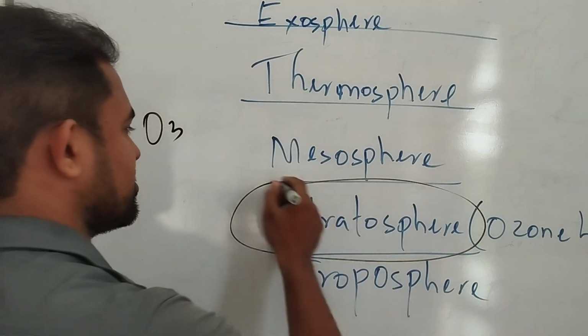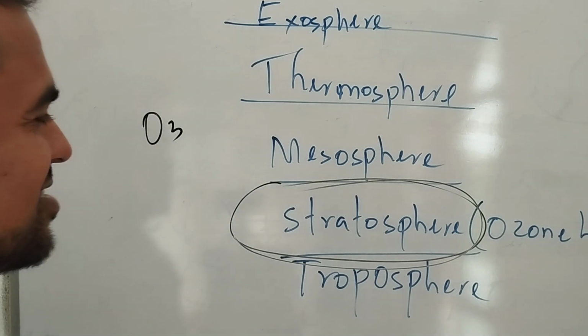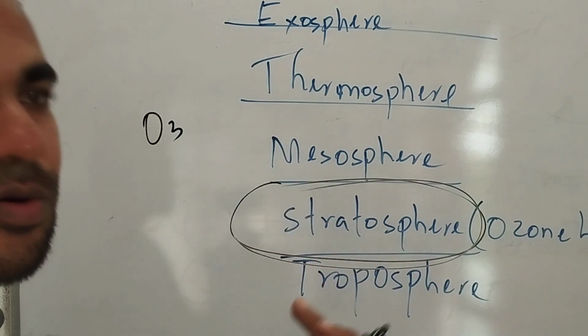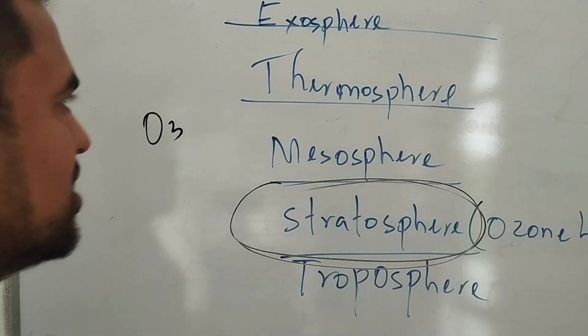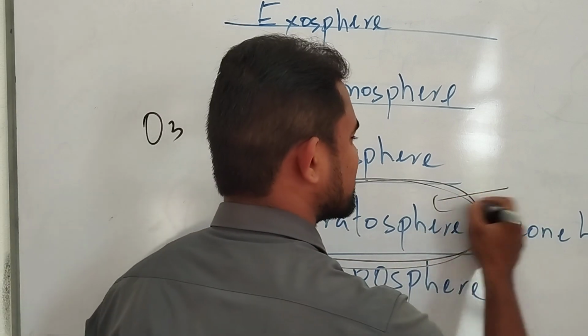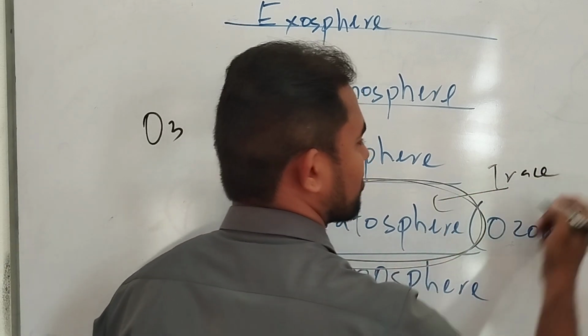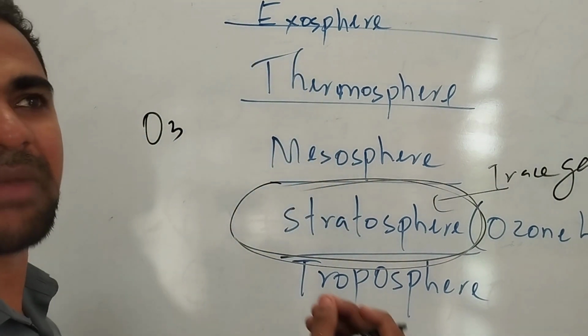The second thing we have to discuss is what the ozone does, the function of ozone. Ozone is a trace gas. Trace in the sense that it is a minor gas.